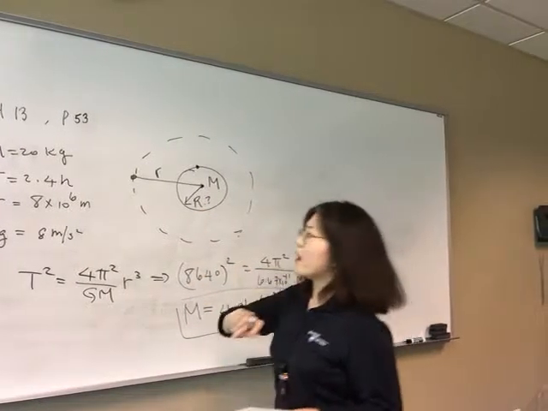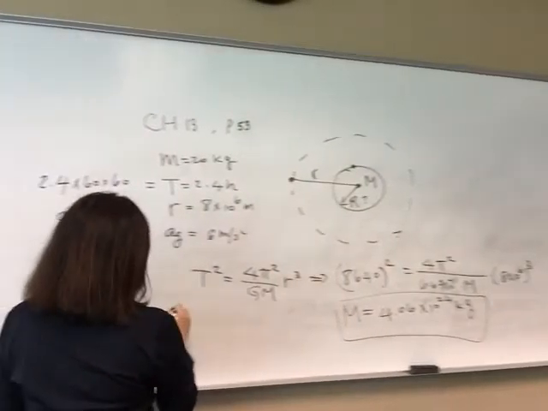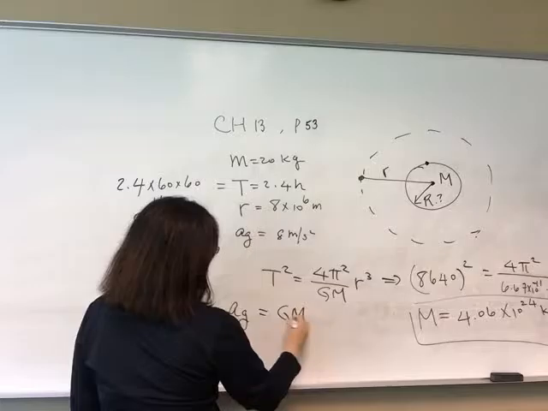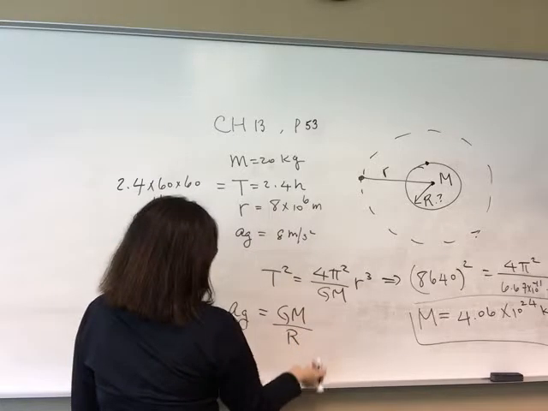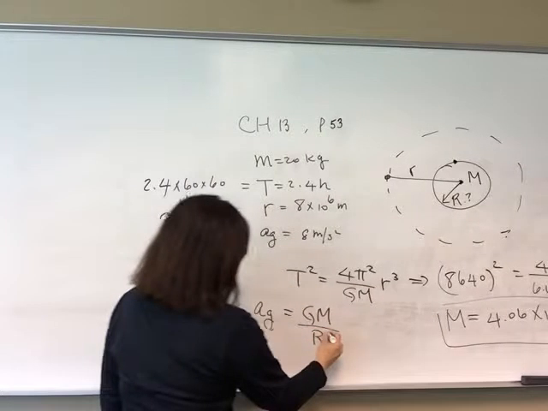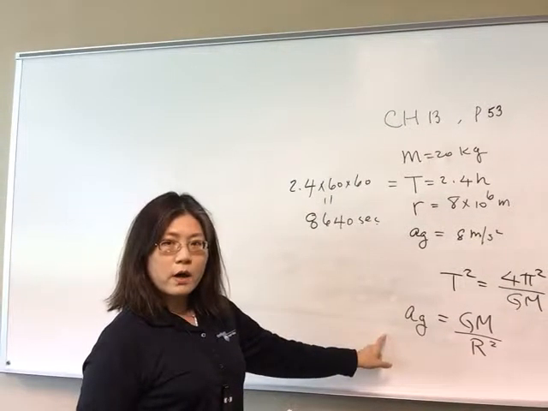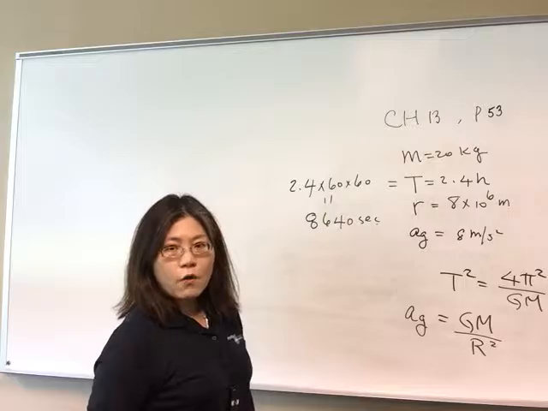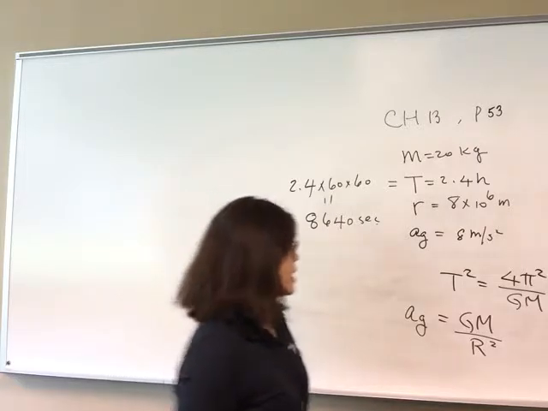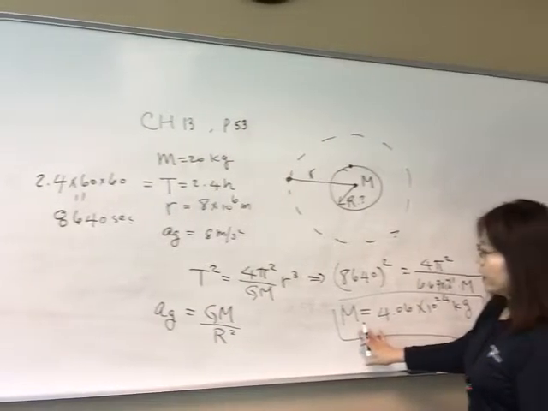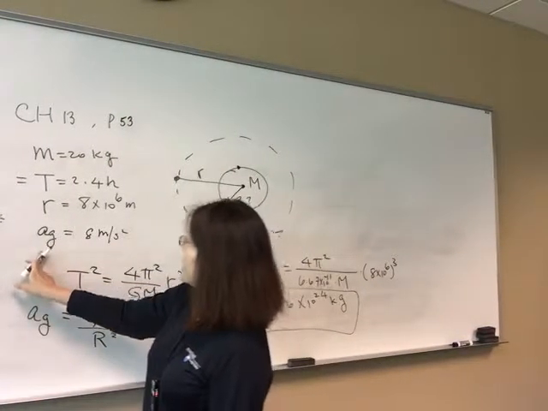Once you have that mass, remember your gravitational acceleration is defined as GM over r squared. This is your definition of the gravitational acceleration of the planet. So what we have here is that your M is already calculated, and your acceleration is given.